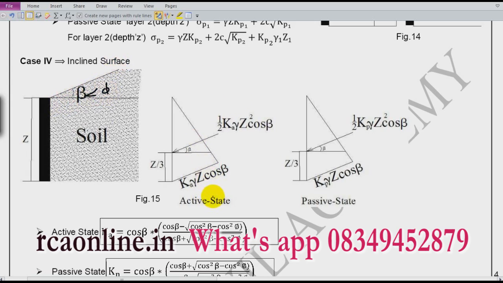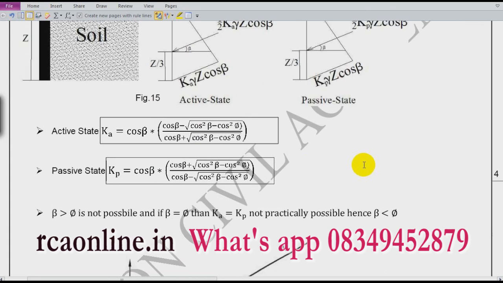Then the coefficient will change, and the new formula becomes Ka is equal to cos beta into cos beta minus root of cos square beta minus cos square phi over cos beta plus root of cos square beta minus cos square phi. I advise you to remember this. We have derivations also, but at the competitive level we don't require derivation, we require this formula.